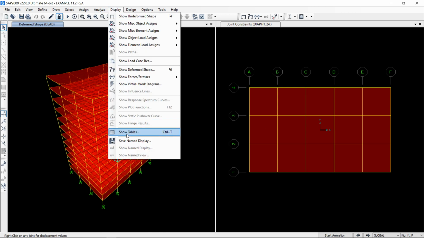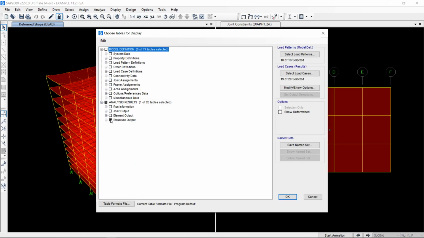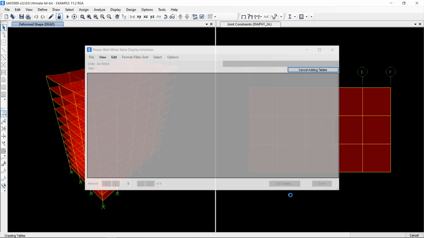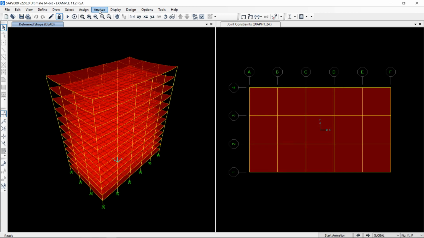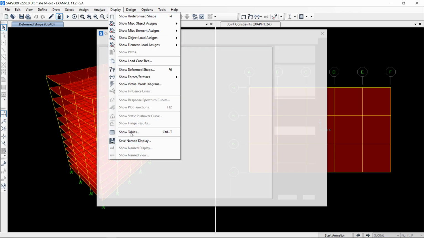So let's see the base reactions, for how many load cases we have selected. Display, table.